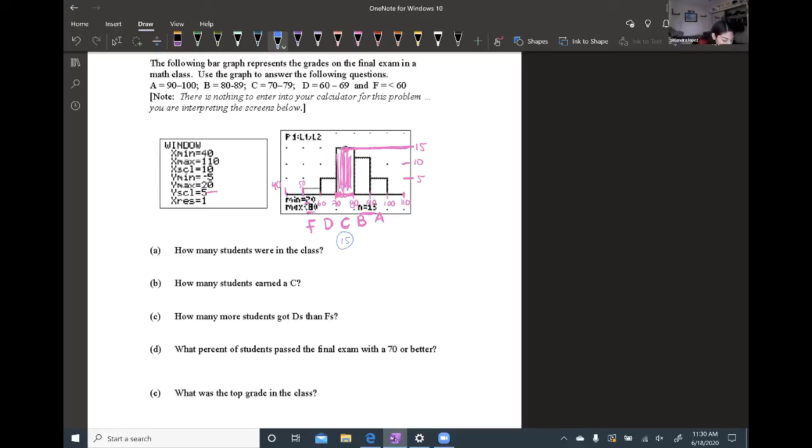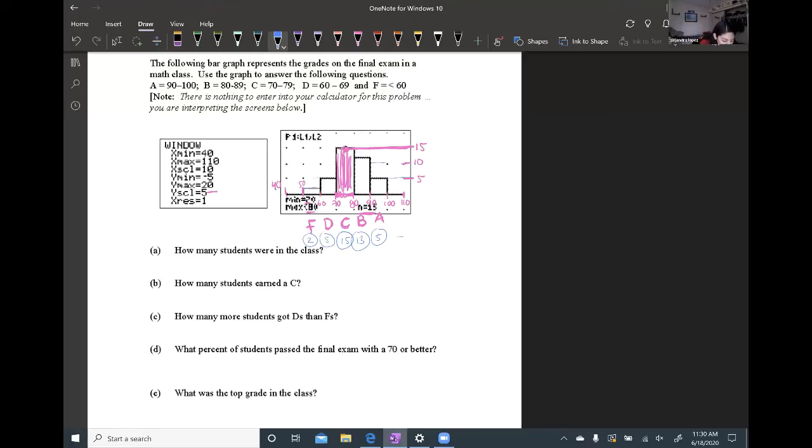Now in the B bin, it looks like it's maybe 12 or 13, somewhere around there. You just kind of want to give a good estimate. For A, it looks like it's right on the 5. So this is 5. For the D, it looks like it's also right on the 5. So that's 5 right there. And then F, it looks like it might be maybe 2.